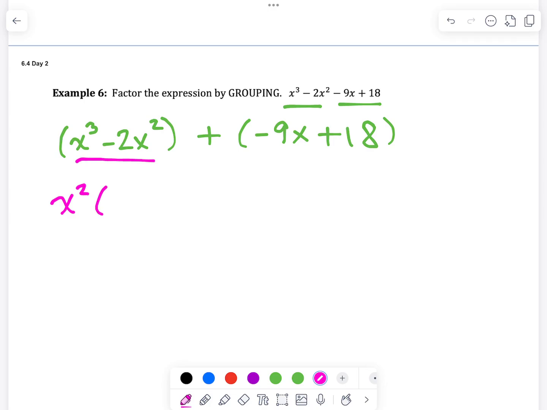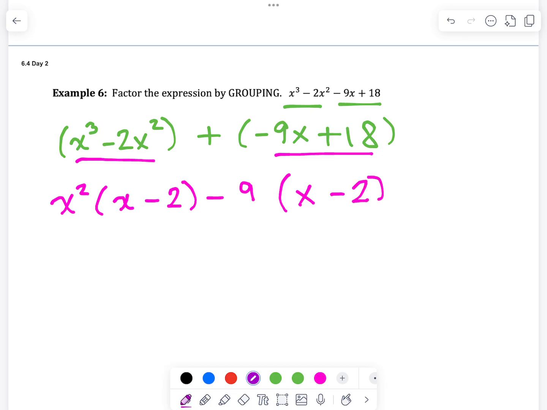So when you take out an x squared, you're left with an x from the first term and a minus 2 from the second term. The second group has a GCF of -9. So you're factoring out a -9 from those terms. So the first term, after we take out the -9, we're left with positive x. When we divide 18 by -9, we get -2.